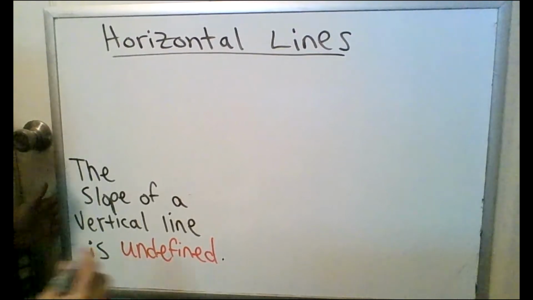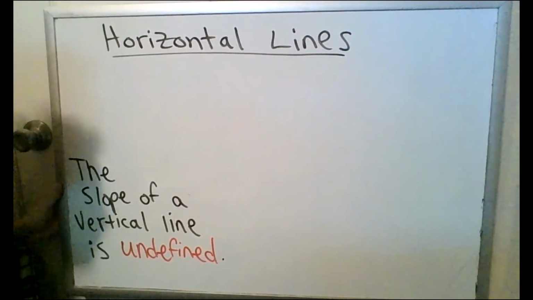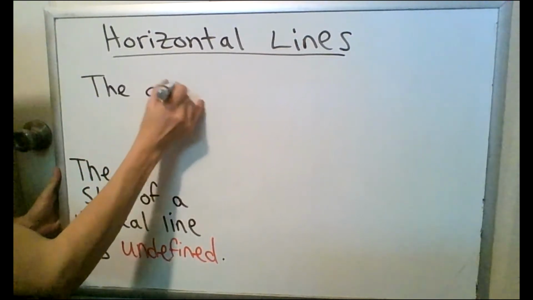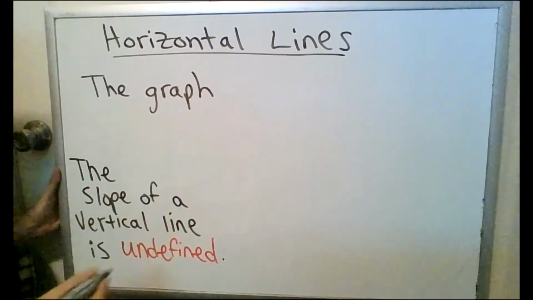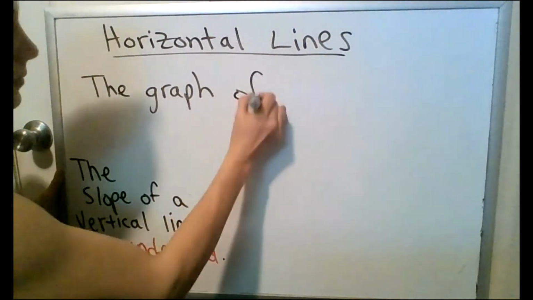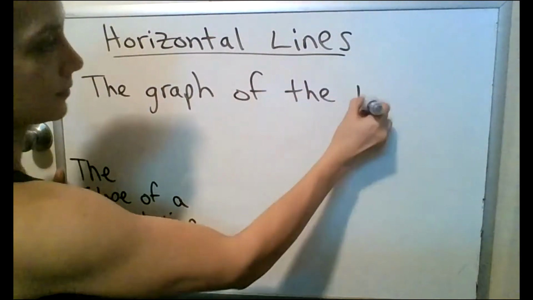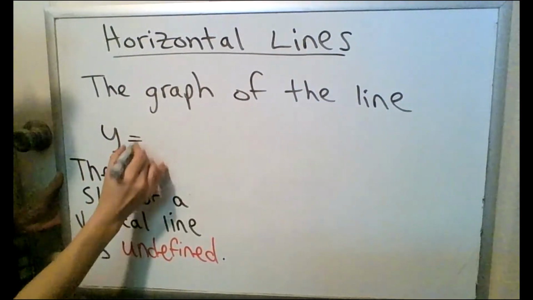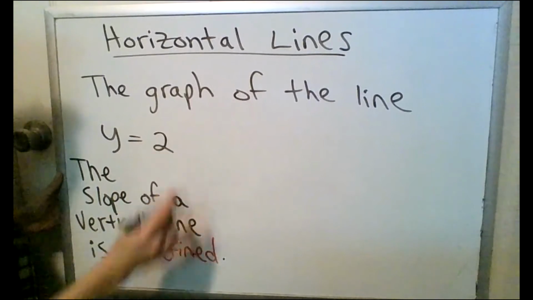So we want to go over horizontal lines. And I picked a specific example. So the graph of the line y equals, let's go with 2.